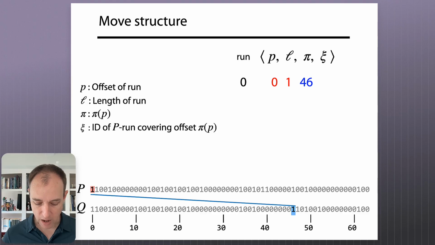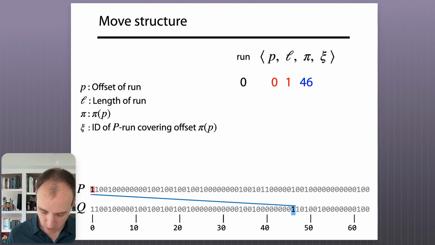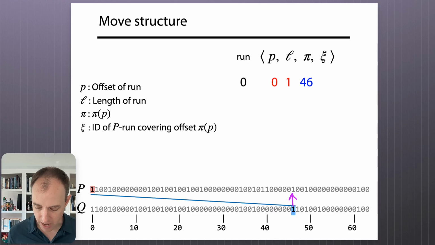Okay, now for xi. Xi is maybe the trickiest of these to figure out what it should actually be. To compute xi, we're going to go to that offset 46 where we mapped. We're just going to look up back in the p bit vector at that offset and ask, which is the run that contains this offset? Just looking up there, we can see it's going to be this run right here.